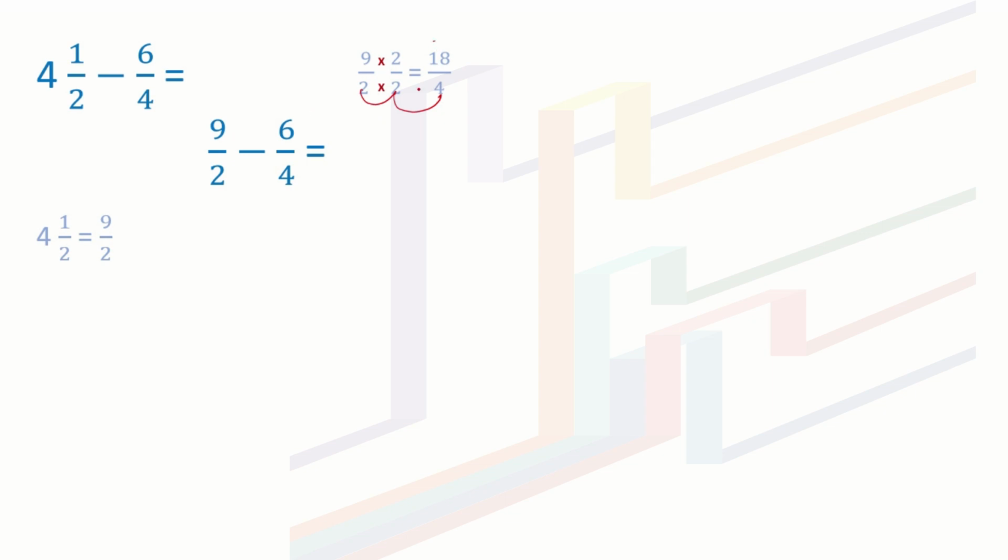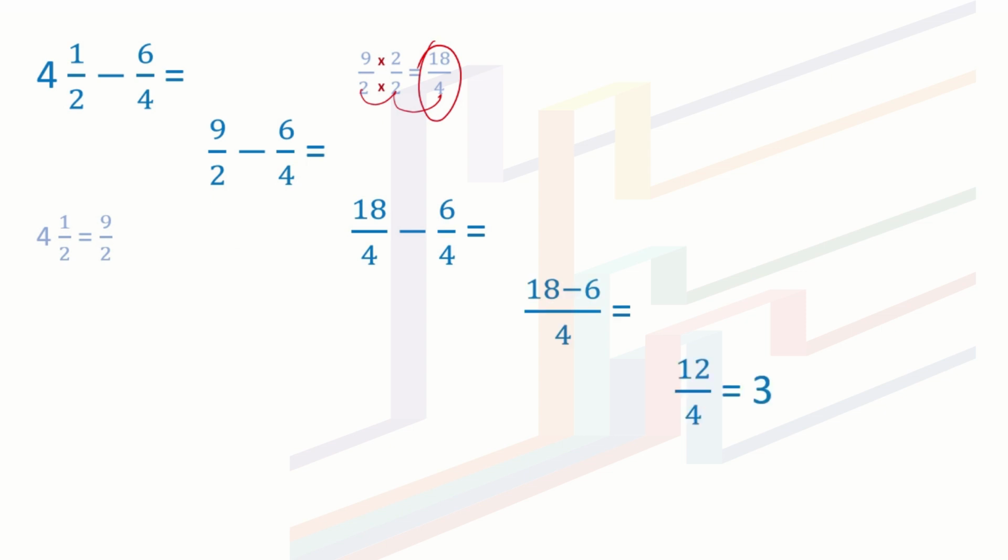So this is 18 quarters. 18 quarters is equivalent to 9 halves. So minus 6 quarters. Everything is quarters, so 18 minus 6 is 12. And 12 divided by 4 is 3.